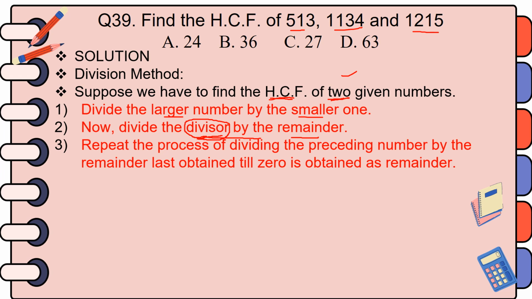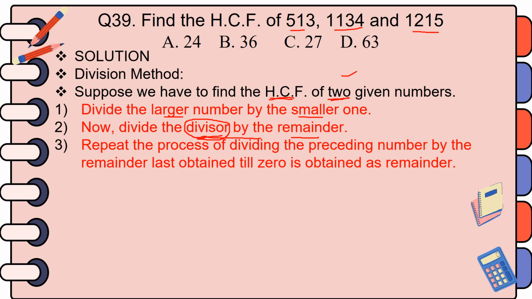Then repeat this process of dividing the preceding number by the remainder until you get 0 as a remainder on the last step. So what you are doing is that you are given first of all two numbers. One of the numbers is larger and the other one is smaller.